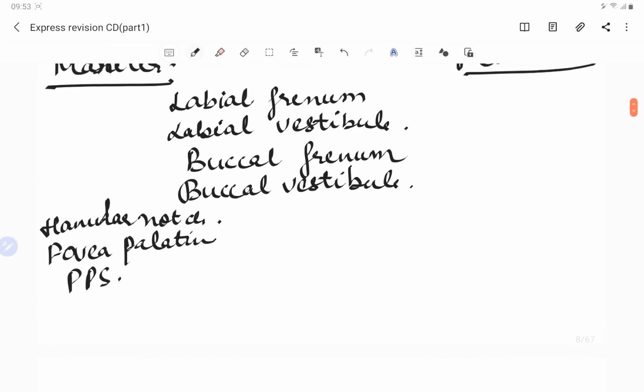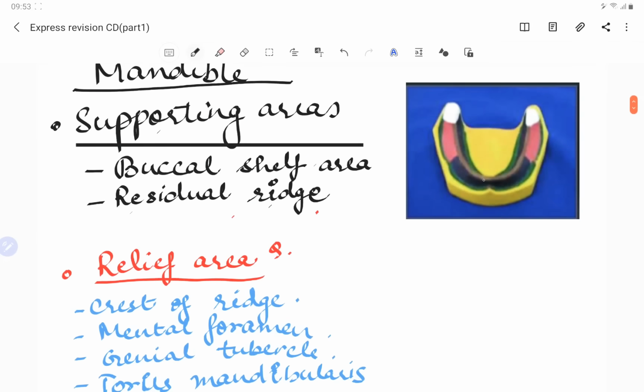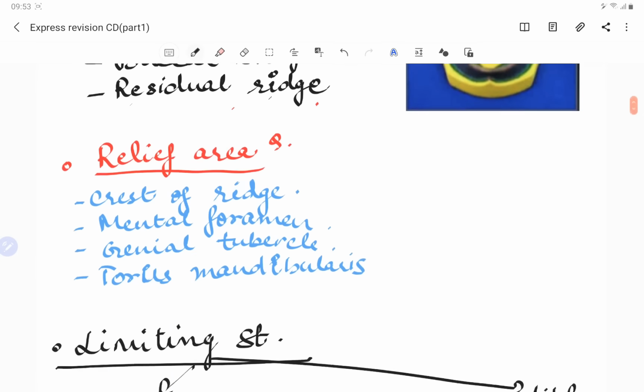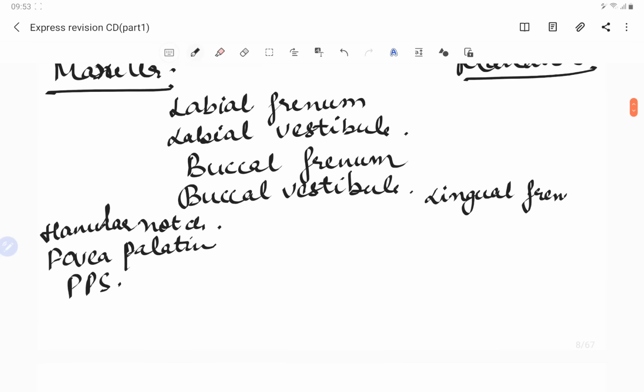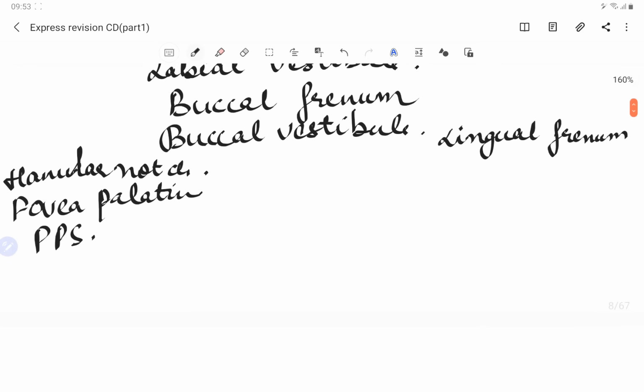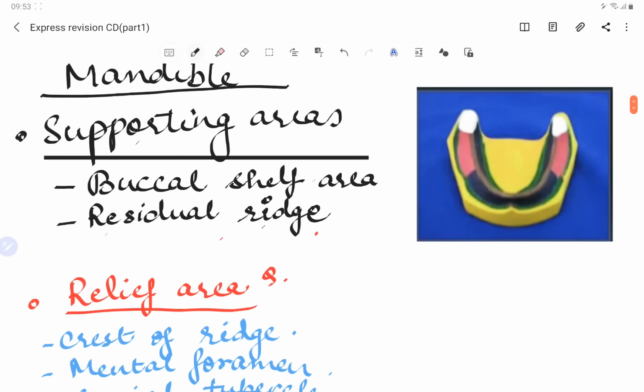In the mandible, one more frenum is extra, which is present in the lingual area right here. So, that is our lingual frenum. Then we have got alveolingual sulcus. Then there is a retromolar pad, this white one is the retromolar pad area.